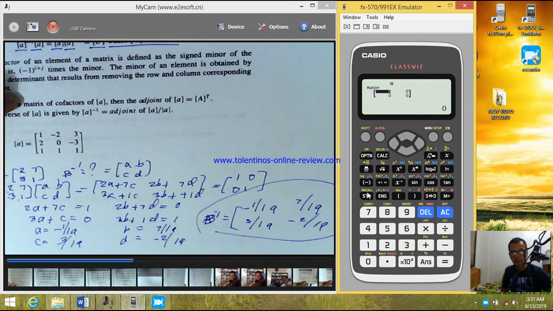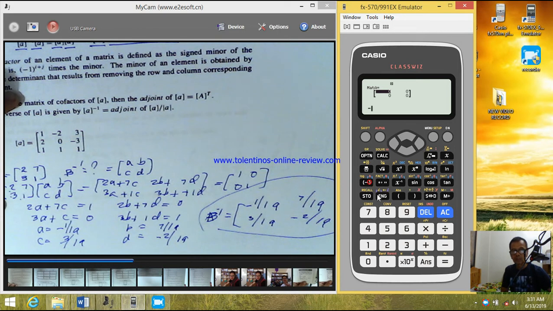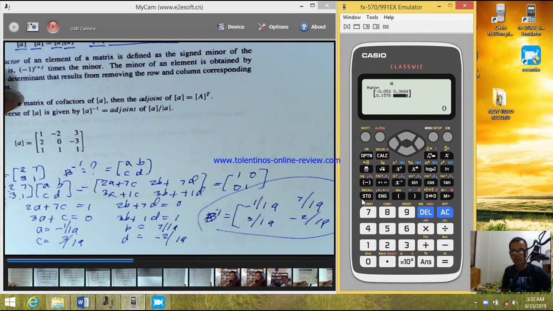We have negative 1 divided by 19, 7 divided by 19, 3 divided by 19, and negative 2 divided by 19. Verify negative 1 over 19.